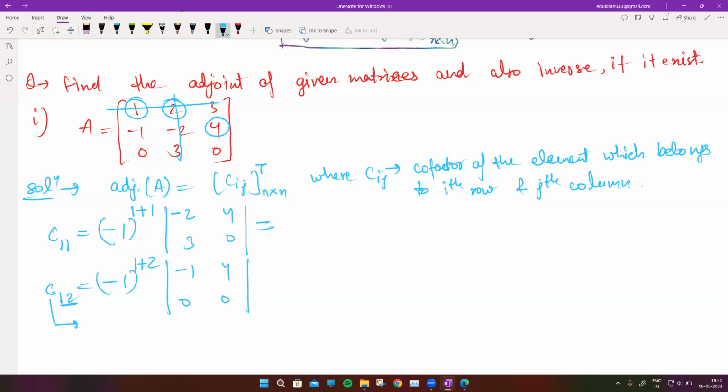Now -1 to the power 3 will be -1, and this would be -2 into 0. So this is +1 into this internal value. That is how we solve. Just cross multiply and subtract. This will be the value of this 2 by 2 determinant. And hence the answer will be -12 here, because this is 0. 0 minus 12 is -12 into 1 is -12. Then again, this one, -1 to the power 3 will be -1 into, to solve this, -4 into 0, which is 0.